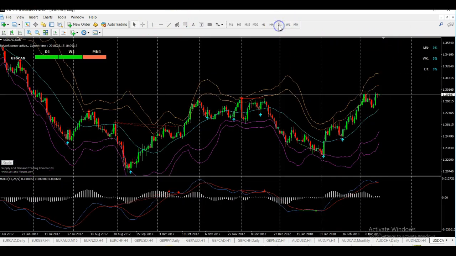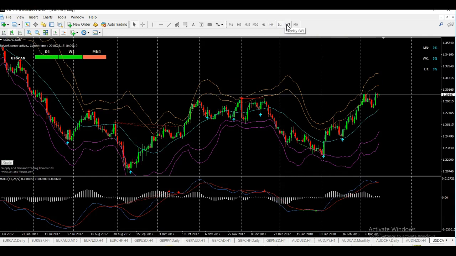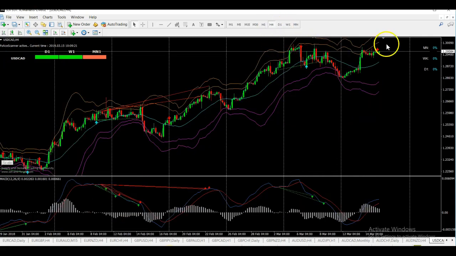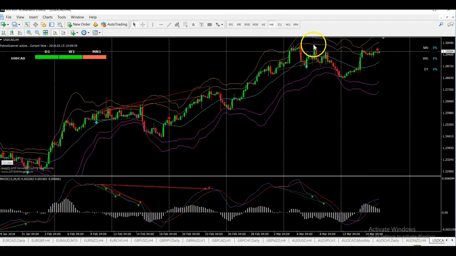So USD CAD, let's see what's happening. Now, looking at the smaller time frames, getting sell signals here. So for me to buy this, it would have to break out. Alternatively, have to break out of this 4-hour zone here.